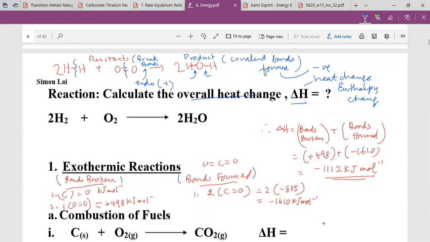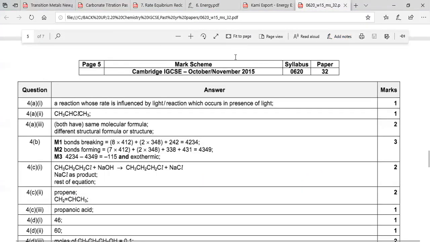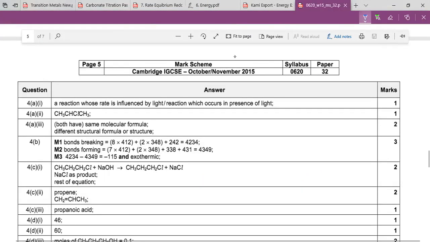This is the same method they use in the marking scheme. Maybe I show you here. See, bonds broken, bonds formed, in red color. And then here's the overall reaction. See, they do it like this. So we do it the marking scheme method.